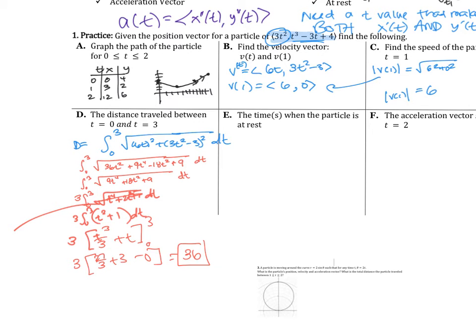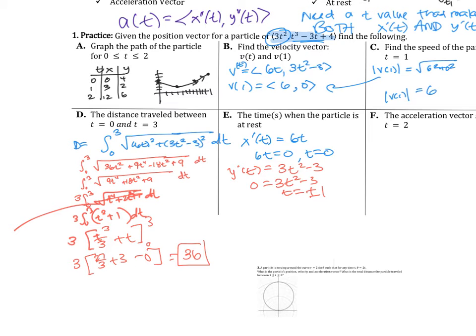The x part of our velocity vector is 6t. 6t is equal to 0 only when t is equal to 0. Let's look at y. y prime of t is 3t squared minus 3. This is going to be 0 when t is plus or minus 1.